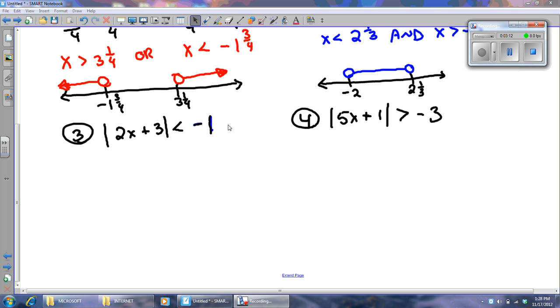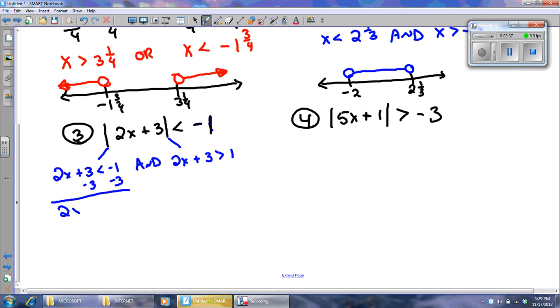Okay, now 3 and 4 are a little bit strange. I actually know their answers, and they're very, very simple. But I'm going to do them the long way, just like I would all the other ones, and I'm going to show you what happens. But I already know what's going to happen, and I can get the solution with almost no work. Okay, and this is an and statement, right? Okay, and I subtract 3. 2x is less than negative 4.